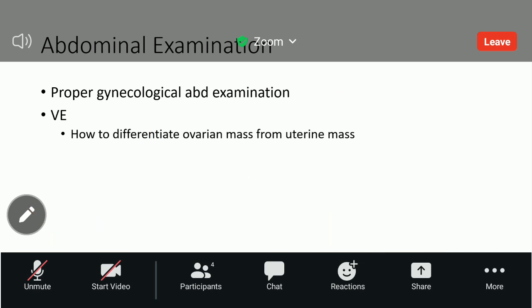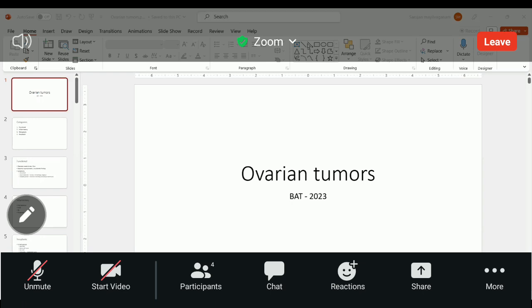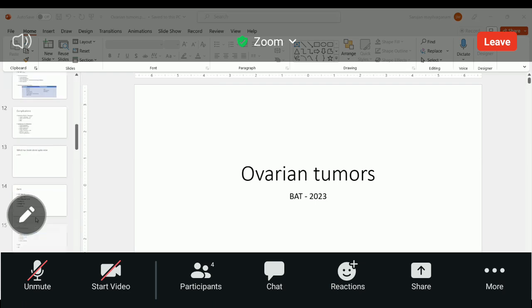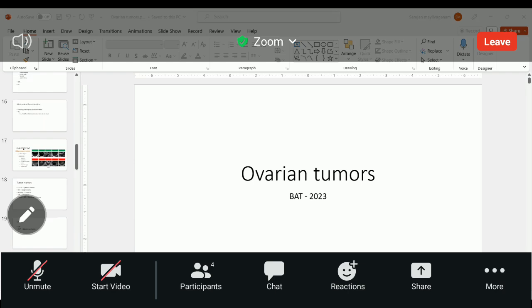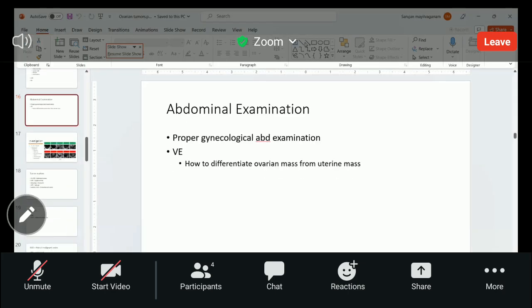And there are two other techniques with the digital vaginal examination. For that we have to do the bimanual examination. How to elicit it, I will tell. While doing the digital vaginal examination, we have to hold the mass from the abdomen. Like this is the abdomen.